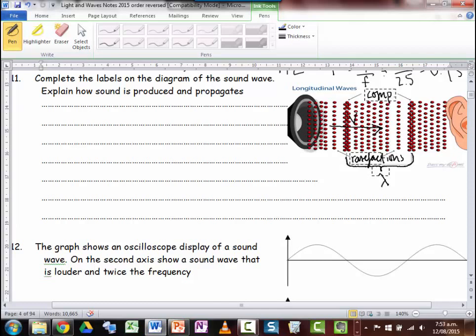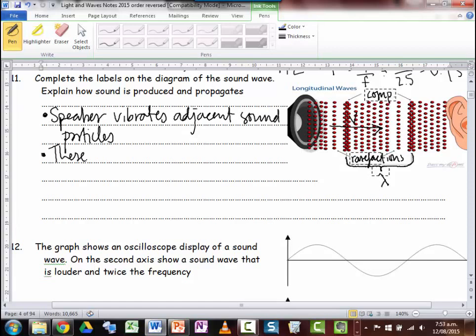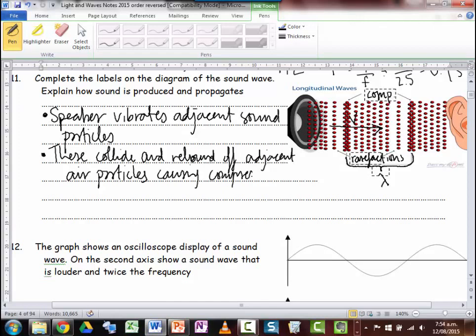Okay, so how does sound propagate? The speaker vibrates adjacent sound particles, and then these collide and rebound off adjacent air particles, causing compressions and rarefactions.